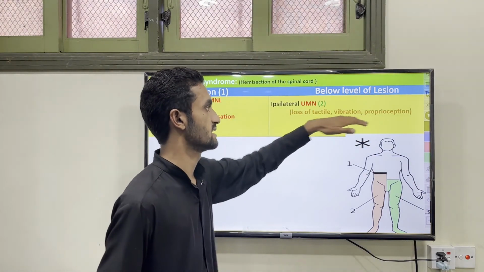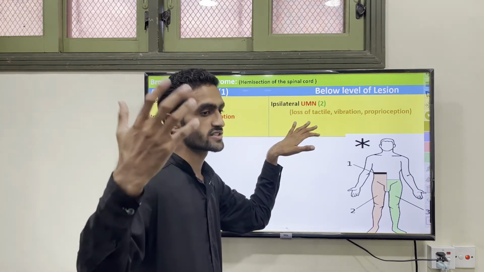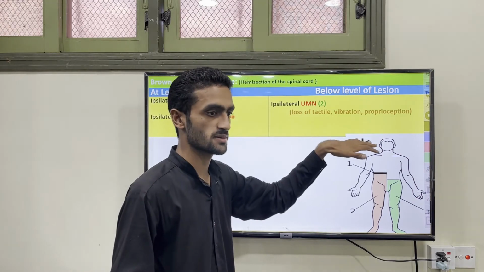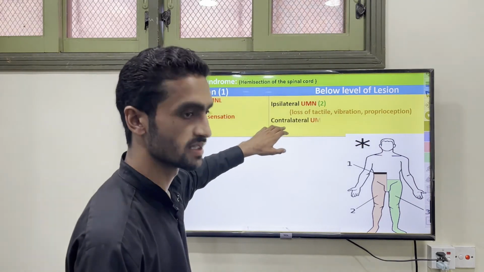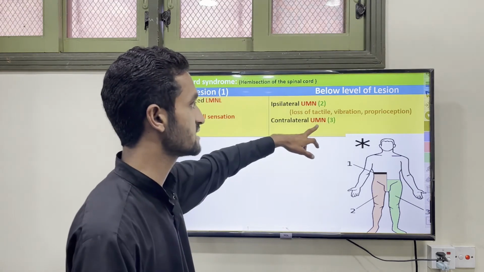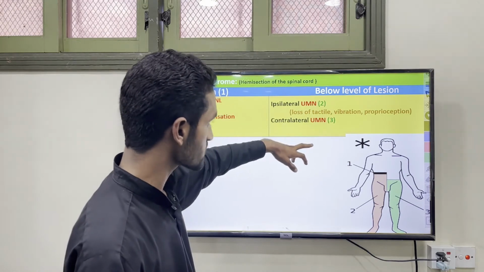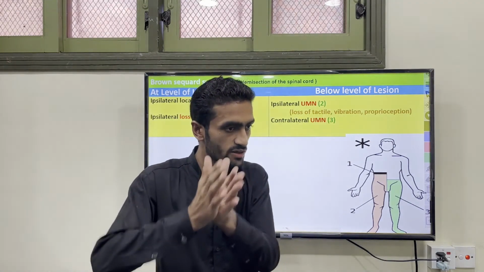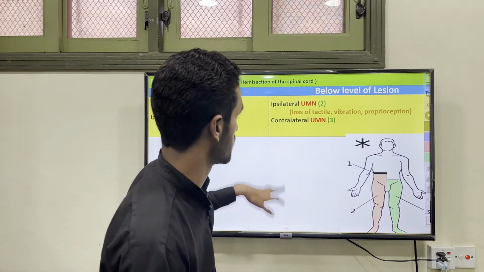Because these sensations are associated with your dorsal column. Some pathways go ipsilaterally and some go contralaterally.